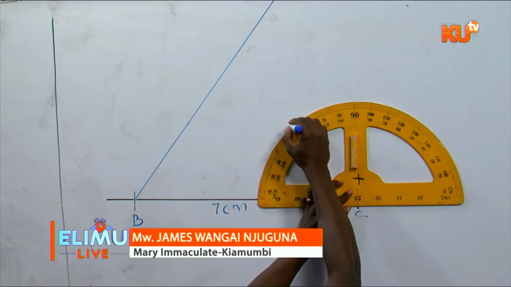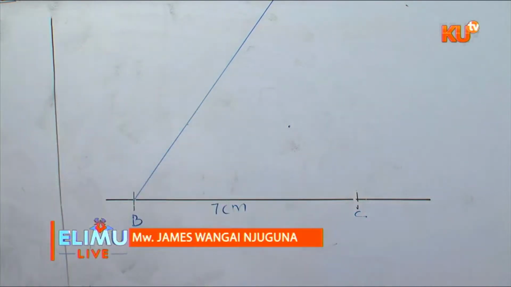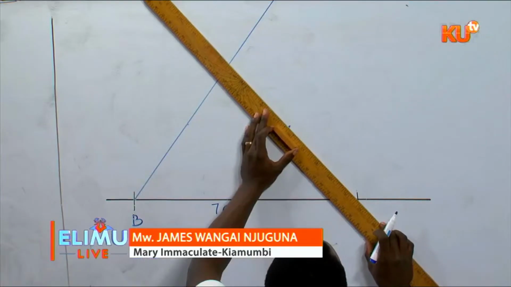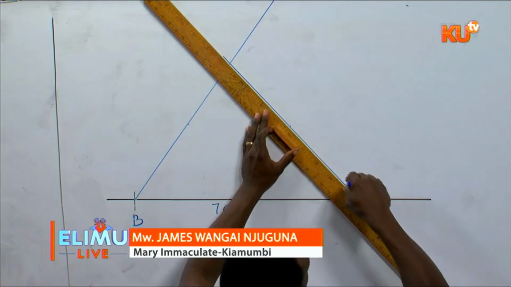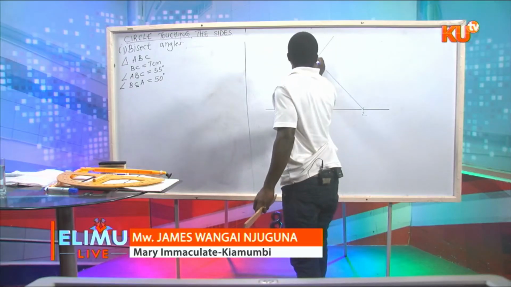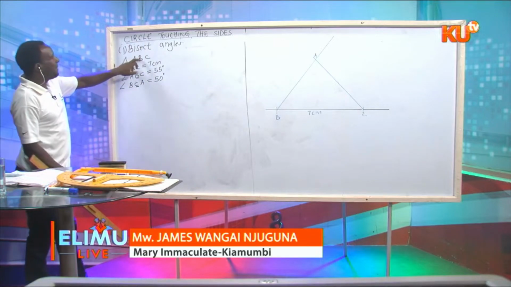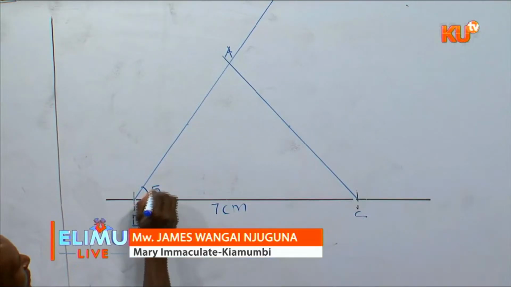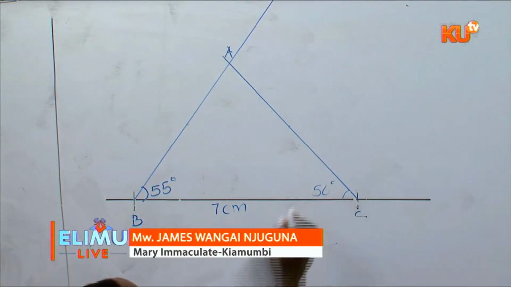Then put a dot there. Then take your ruler and draw that straight line. There you go. So this point is going to be our point A. So we have our triangle ABC. Here is 55 degrees, and here is 50 degrees.